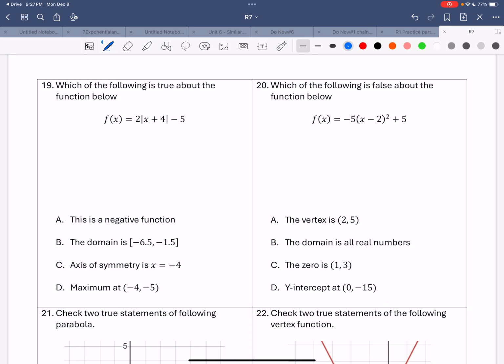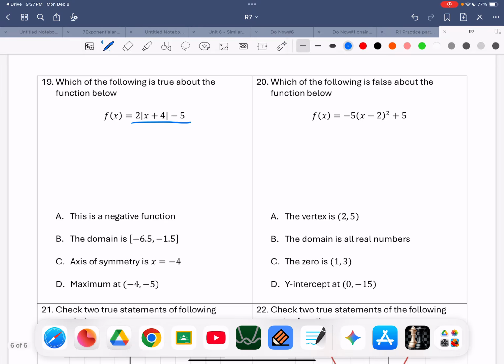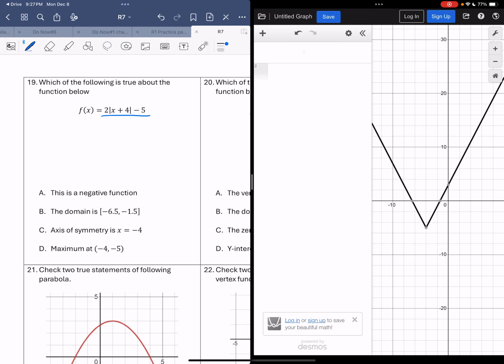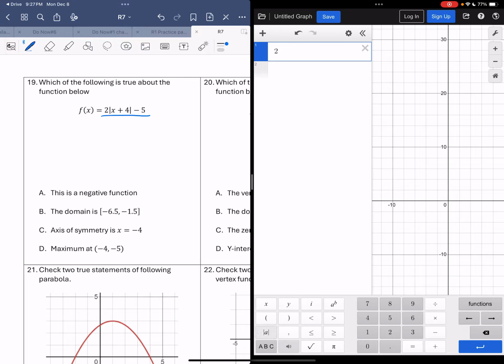That one I will go over maybe in another video, okay? It's very simple. You just put this into decimals and see which one is true. I think I did it in another review as well. Absolute value of x plus 4, minus 5.